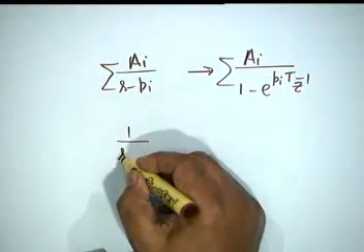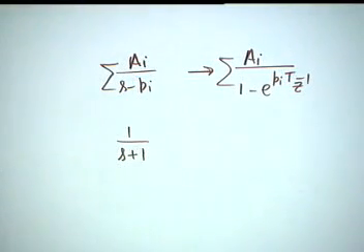As an example, let us say I have the normalized first order analog filter. You call it Butterworth, call it Chebyshev, call it elliptic, it does not matter, first order is first order.